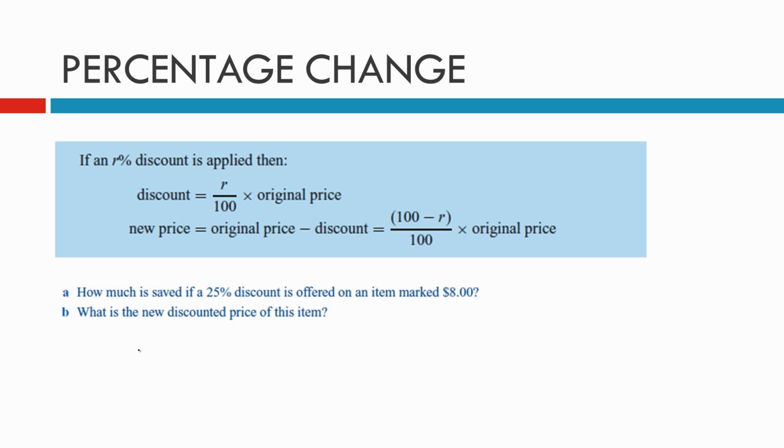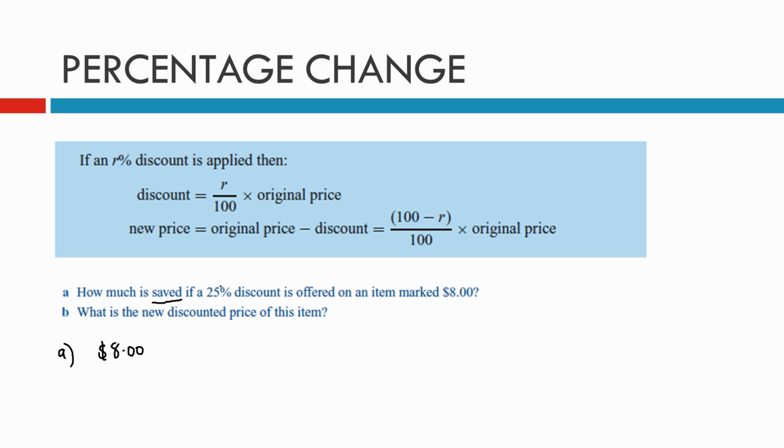Now, let's have a look at another example. In A, how much is saved? Now read the question. How much is saved if a 25% discount is offered on an item marked $8? So, the solution for A: the price was $8 and it's going to be 25%, isn't it? That's the discount. So how much am I going to save?